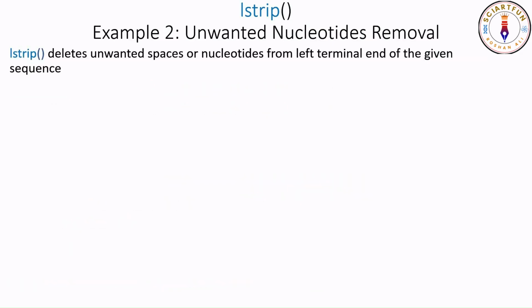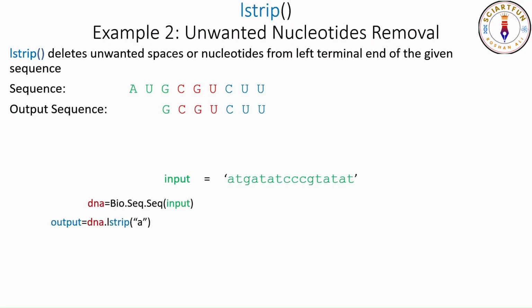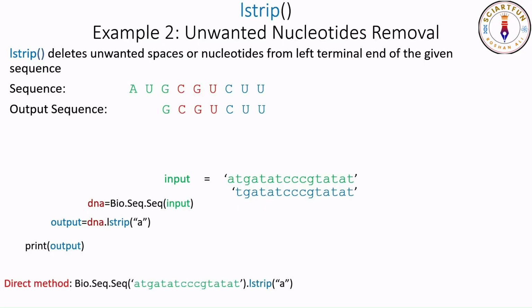In this example, you will see how it removes nucleotides from the left side. First, let's try a single nucleotide. Here are the commands you type. This is the direct command. Here is the step-by-step mechanism.